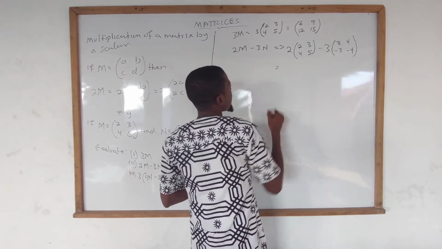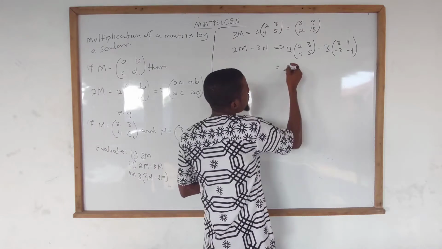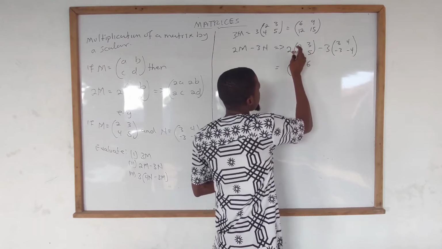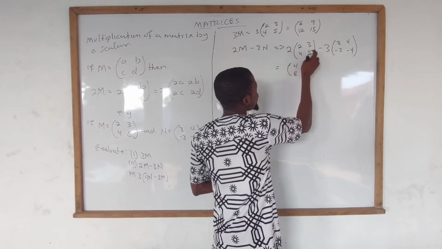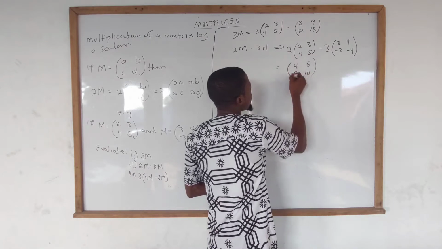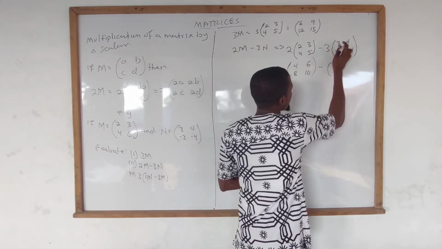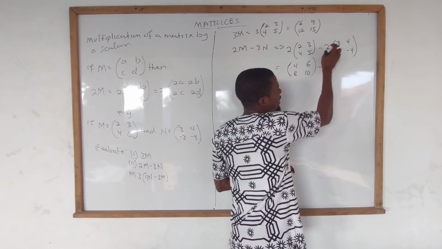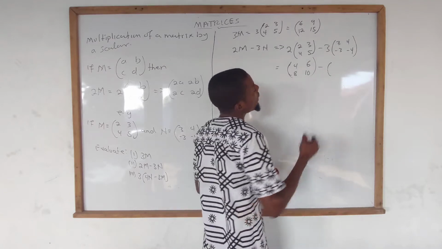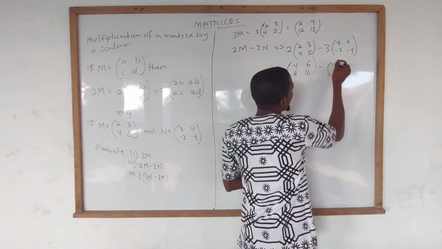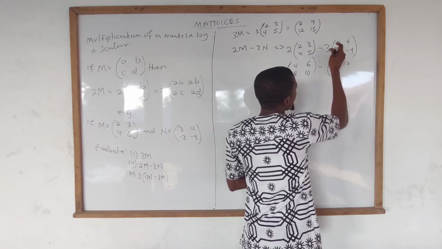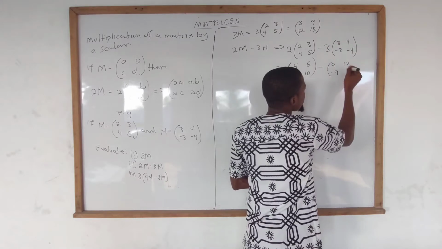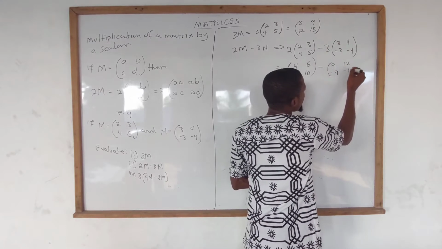So 2 times 2 is 4, 2 times 3 is 6, 2 times 4 is 8, and 2 times 5 is 10. Once I have brought the minus sign out, you multiply by 3, not negative 3. So 3 times 3 is 9, 3 times 4 is 12, 3 times negative 3 is negative 9, and 3 times negative 4 is negative 12.